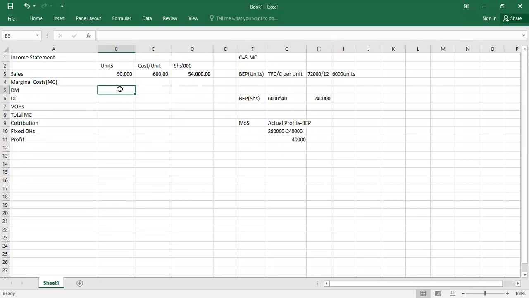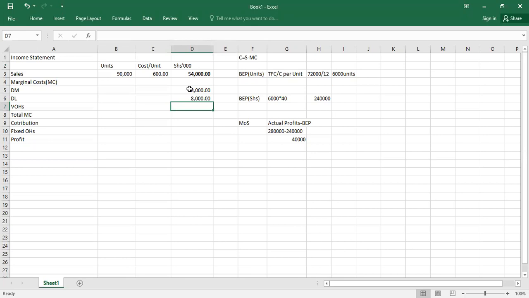What's the cost of materials? We've been given the cost, isn't it? 28,000. Then the cost of labor? 8,000. Then we've been given the cost of overheads? Yes, 10,000.